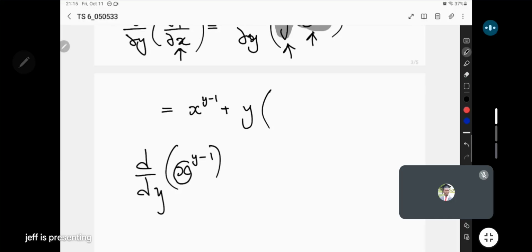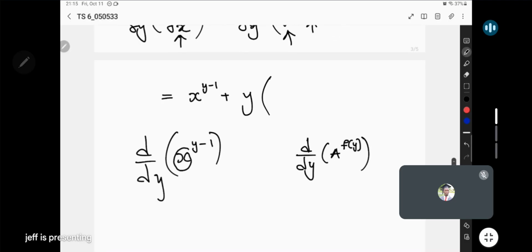If x is being viewed as a constant, then the derivative here is as if you are differentiating an expression, let's say, a to the power some function f of y. To differentiate something like this, this is an exponent.